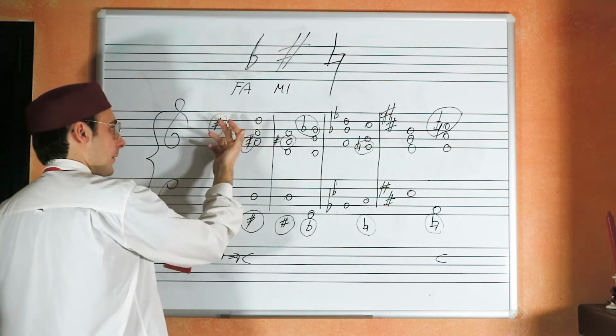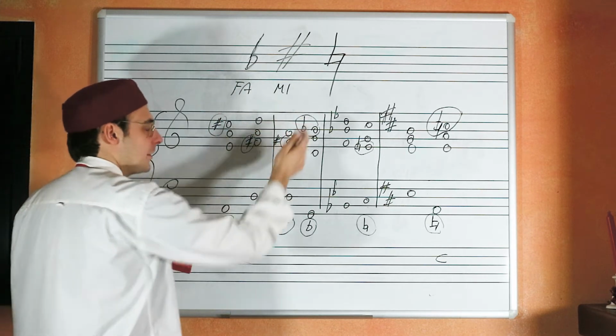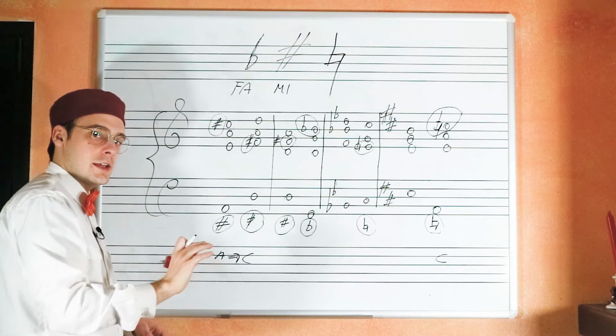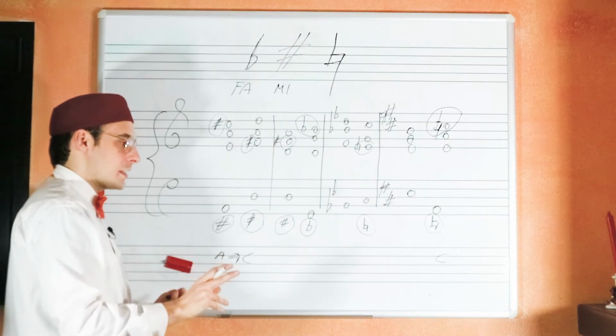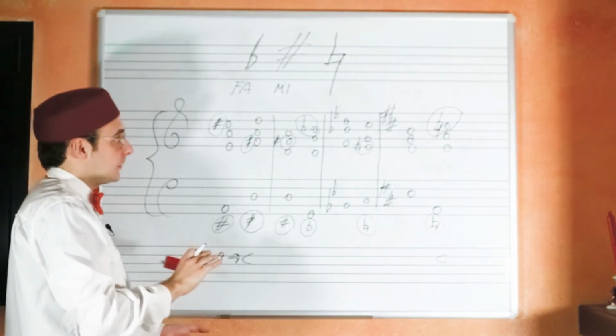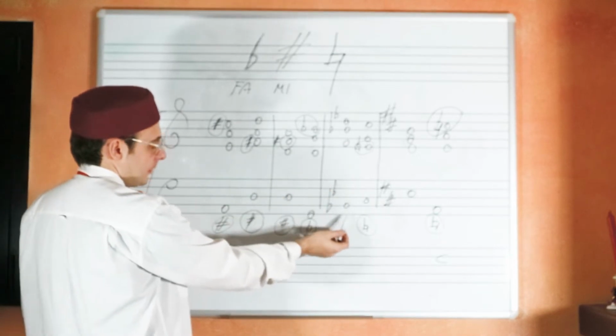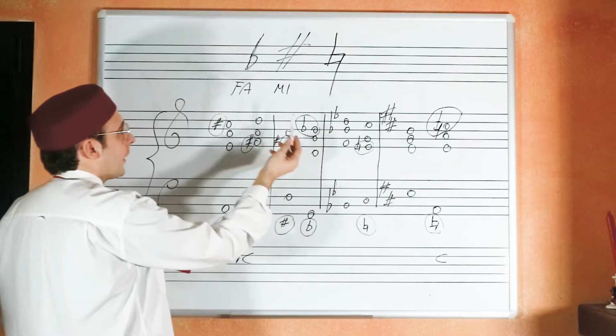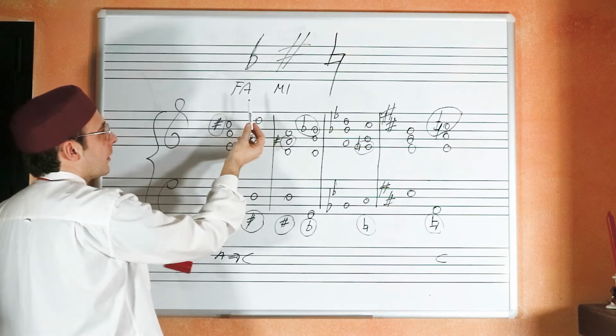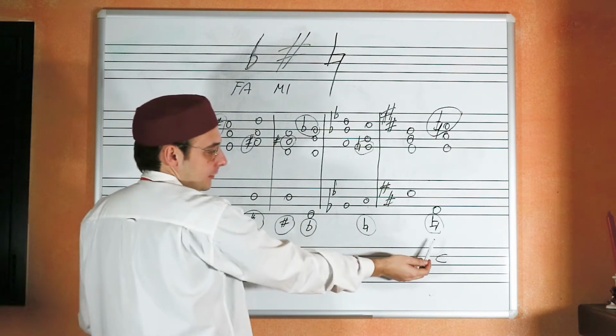The flat is fa and the sharp is mi. The natural sign depends on whether it is a flat that becomes sharp, as in this example, or a sharp that becomes a flat, as in this example.